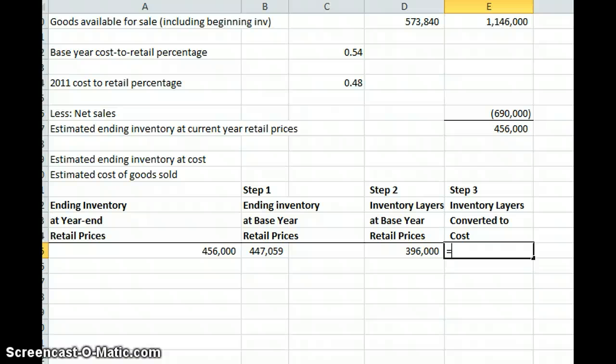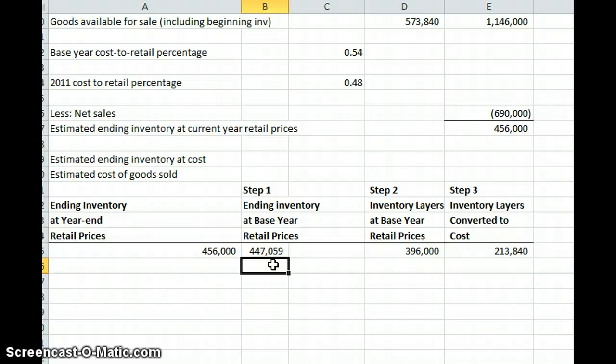So we're going to do that by taking our base times 1, since it's our base year, times the percentage that we calculated above, the base year cost to retail percentage of 54%. And that's going to give us 213,840. So that inventory layer converted to cost is going to be 213,840.